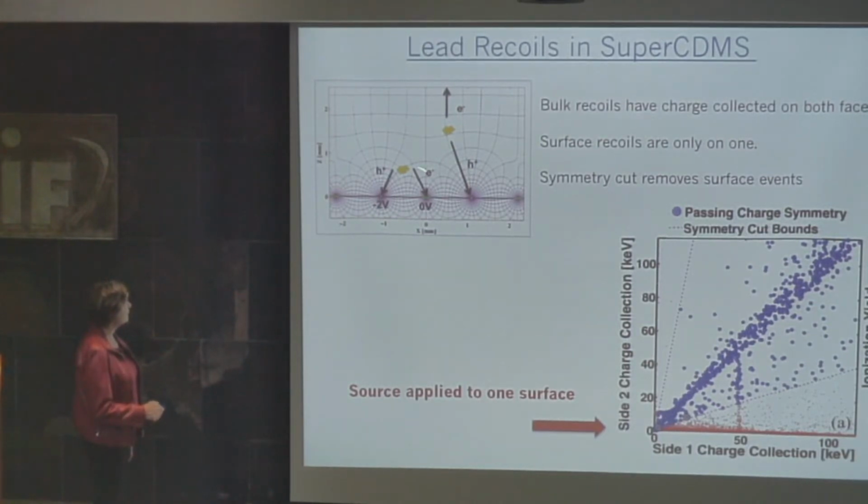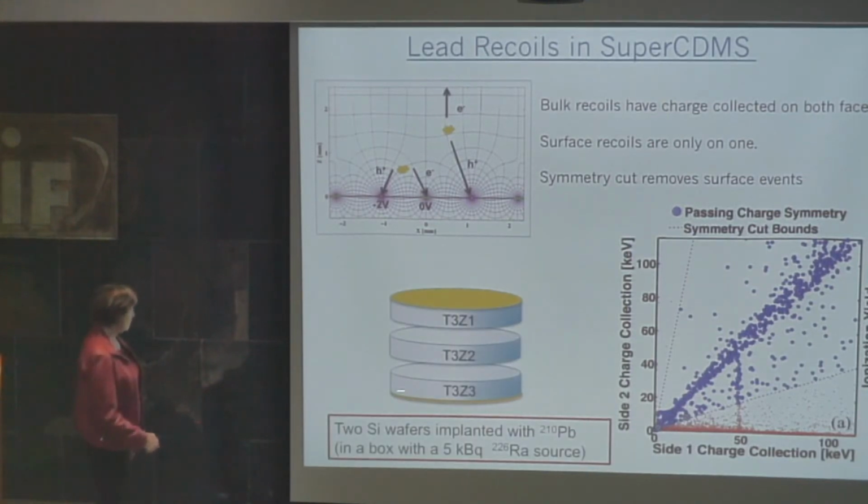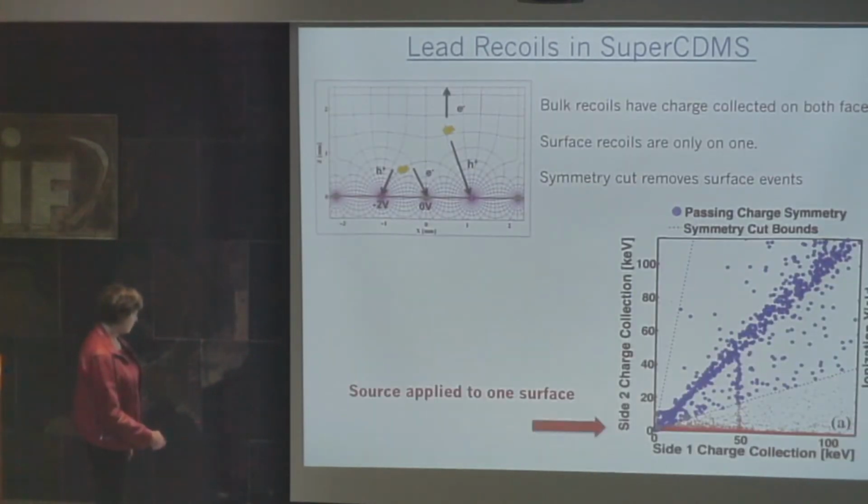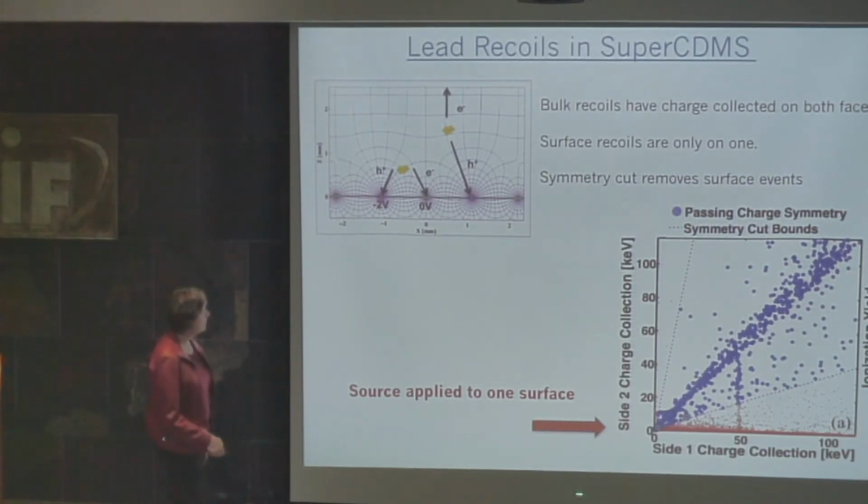Here's a surface event where it only goes to one side. So if you put a source on one side and then you plot side 2 versus side 1, all the bulk events are there in the middle, and you can make cuts here to get rid of anything that's on the surface. They'll only show up here.